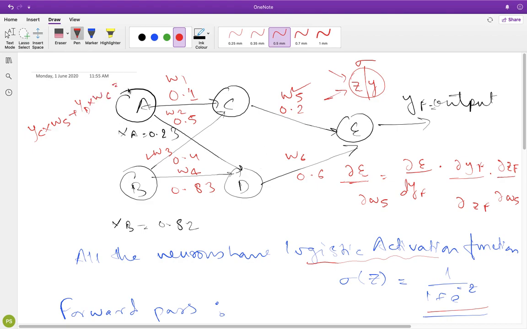This is your logit, and you apply the sigma, the logistic activation function, on both sides to get the output. So the output's derivative is calculated with respect to this, and its derivative is computed with respect to W5, and this will become constant in the chain of derivatives.